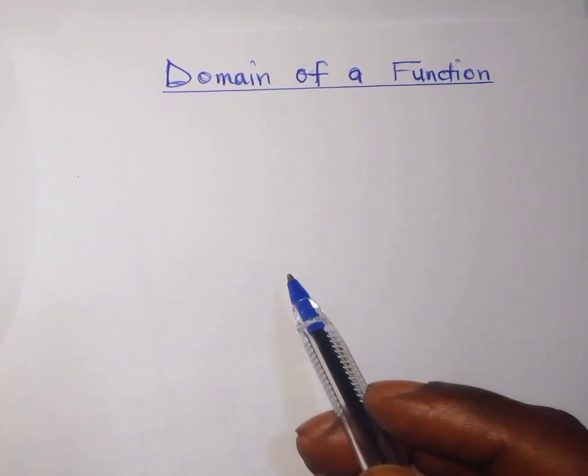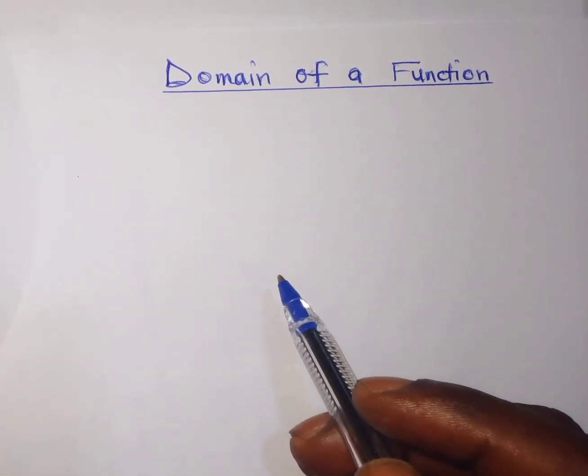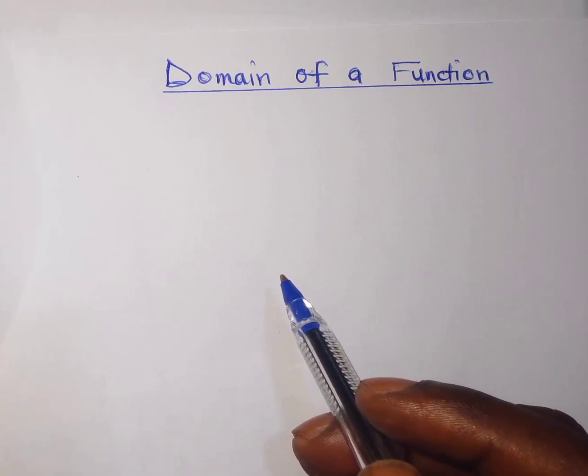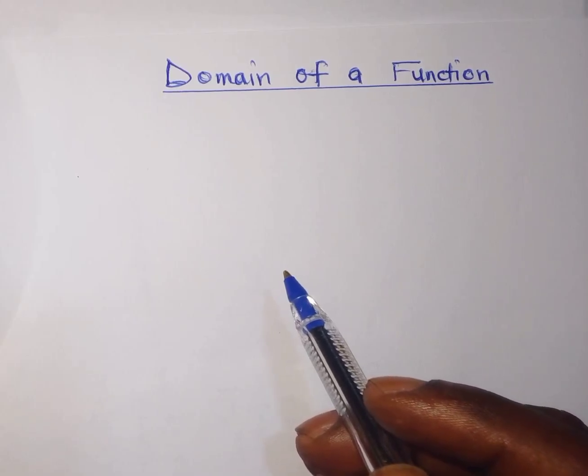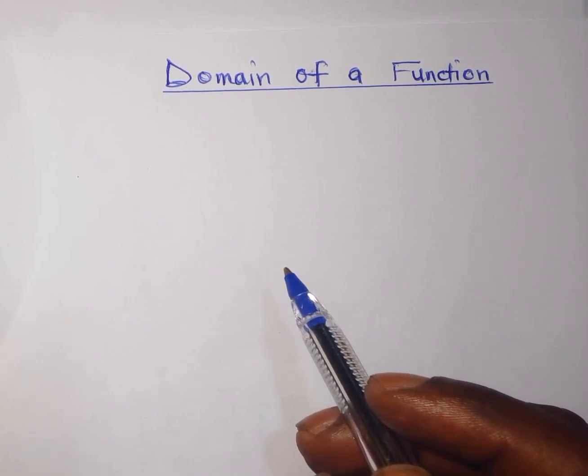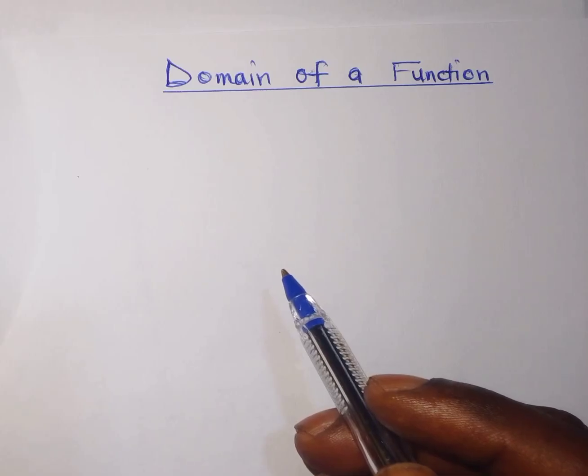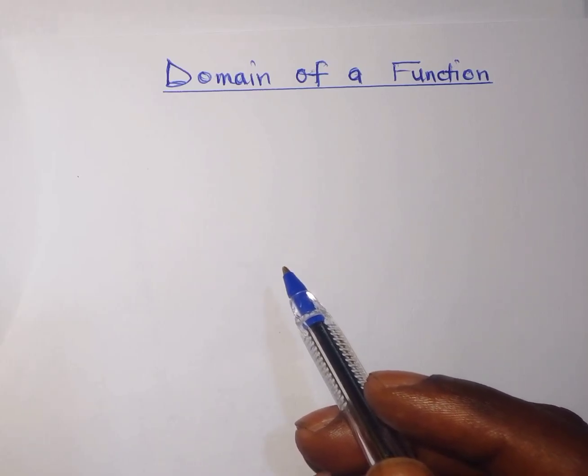Great. Now we have another concept, the domain of a function. In the beginning of this lesson, of this whole strand or substrand, we looked at relations, mapping, and functions. We made mention of the domain of a relation.